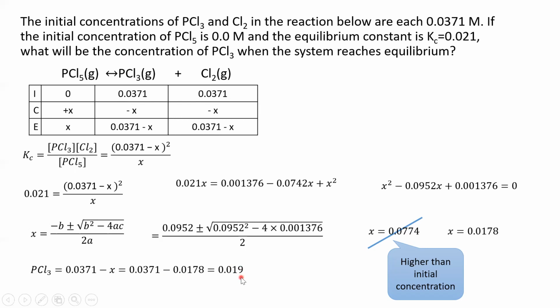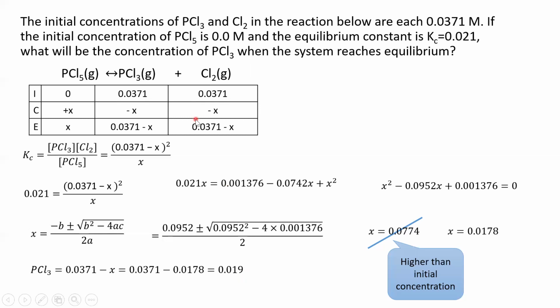The concentration, there probably should be a molarity here, the concentration of the phosphorus trichloride at equilibrium is 0.019 moles per liter.